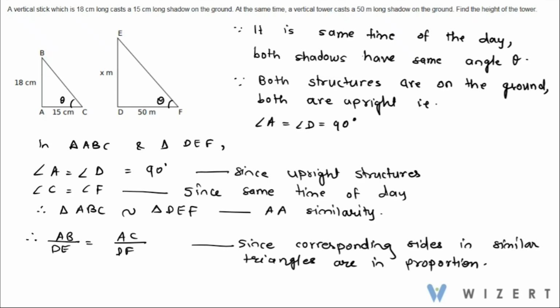So what we can say, 18 divided by x is equal to 15 divided by 50.